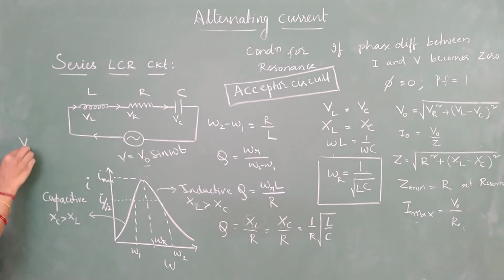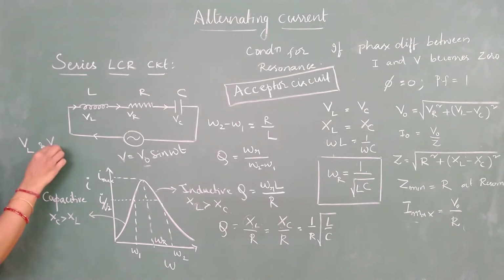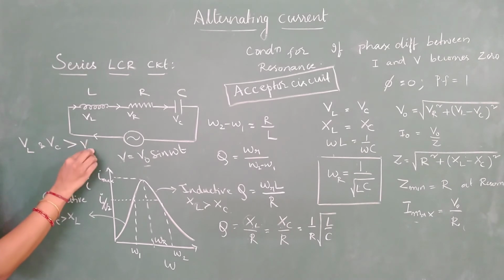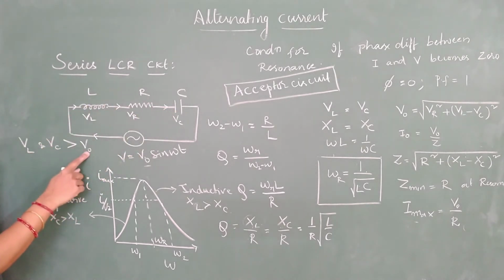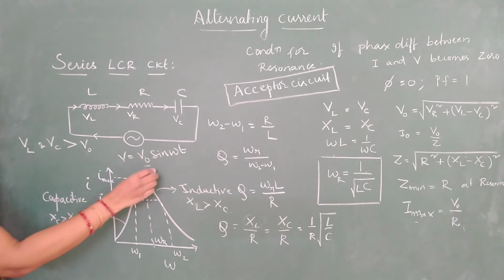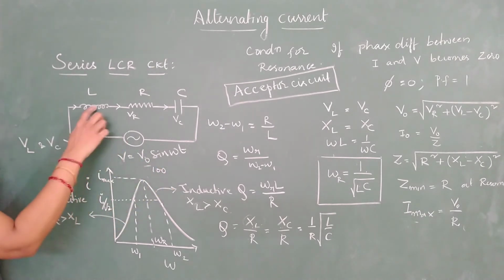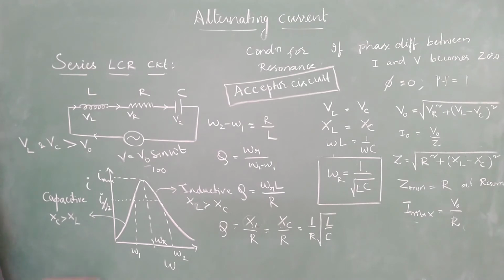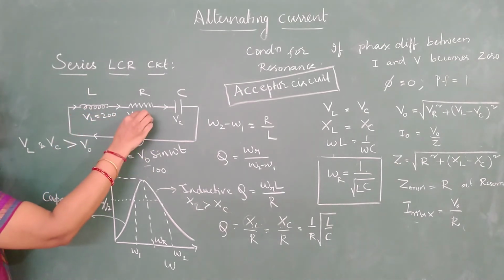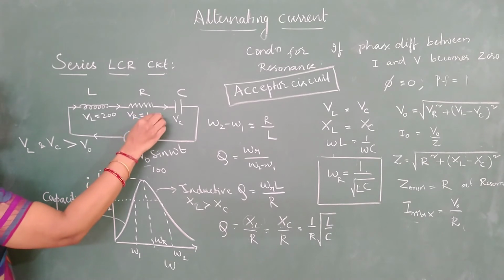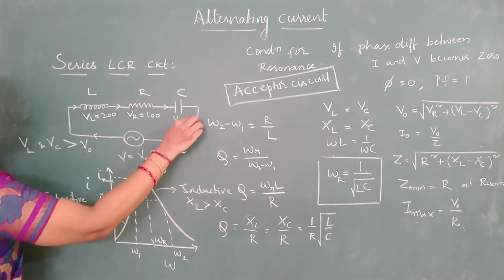I am repeating the statement: voltage across inductor and voltage across capacitor can be greater than your applied voltage. Say you have applied 100 here. I have selected some value of XC and XL. So we can get voltage across inductor as 200, voltage across resistor as 100, voltage across capacitor as 200.